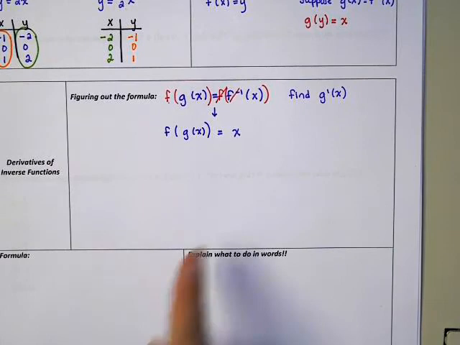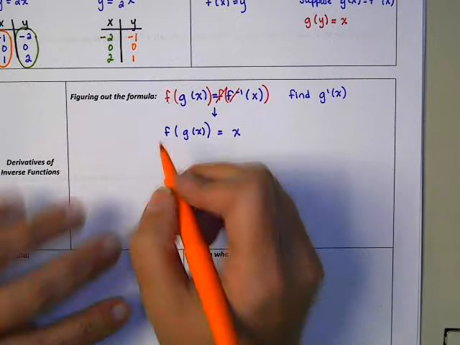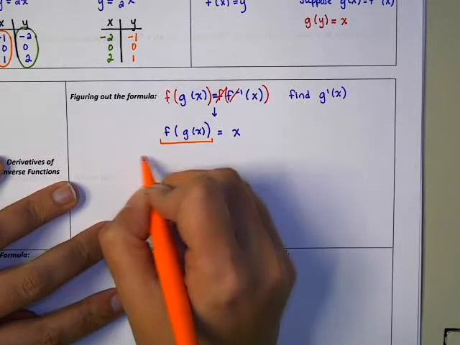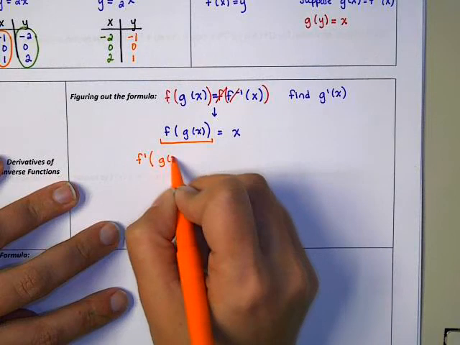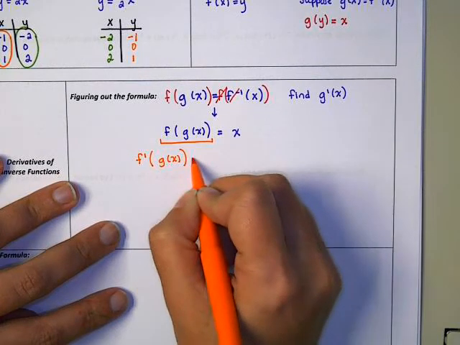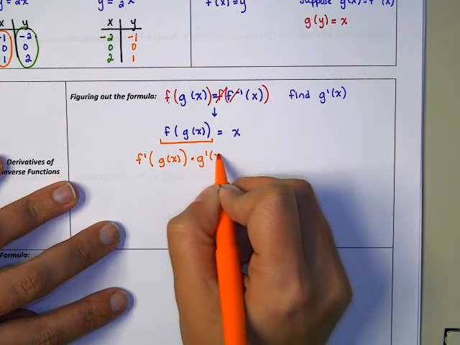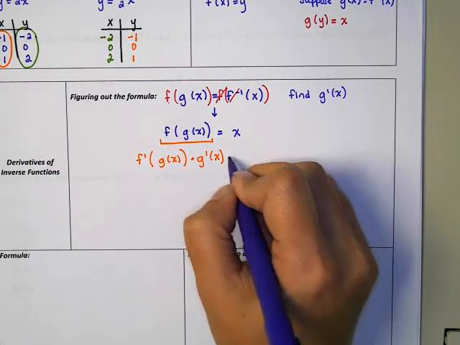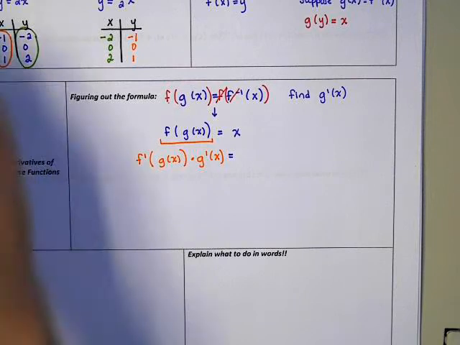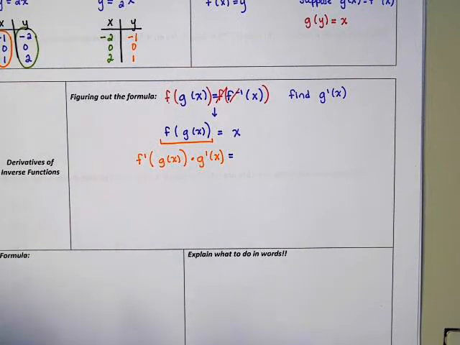From here, I can take the derivative. To take the derivative of the left side, I would do the derivative of the outside and then leave the inside alone, times the derivative of the inside. To take the derivative on the right-hand side, I would just take the derivative of x, which is 1.